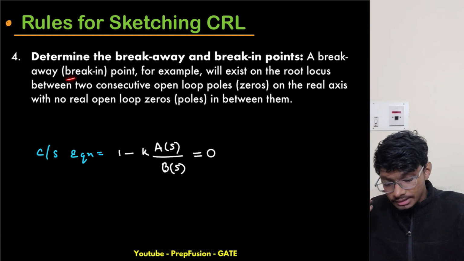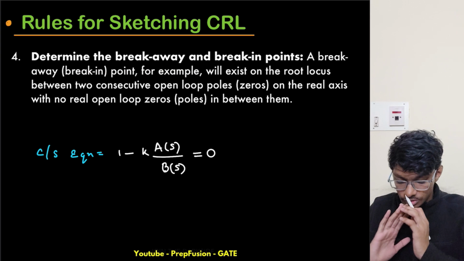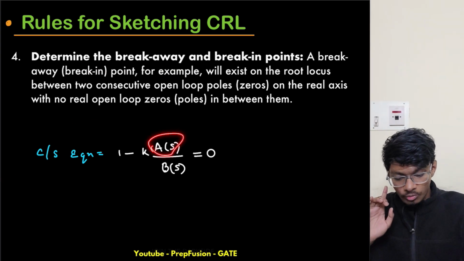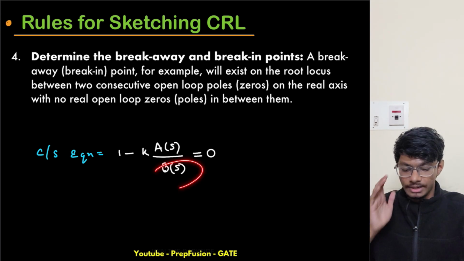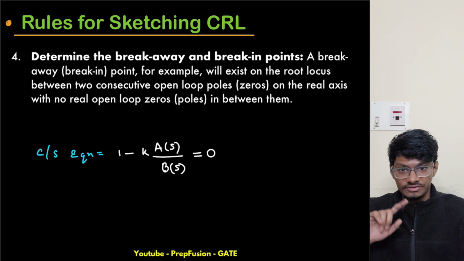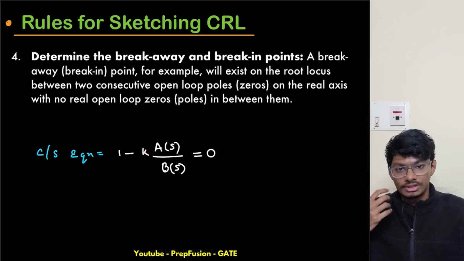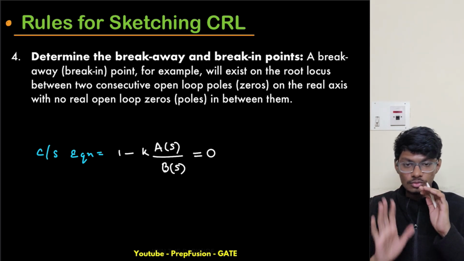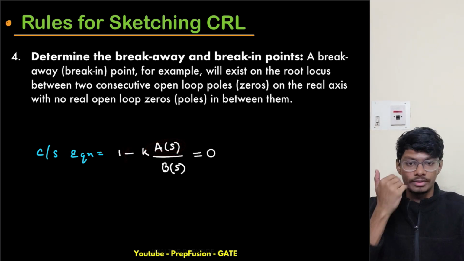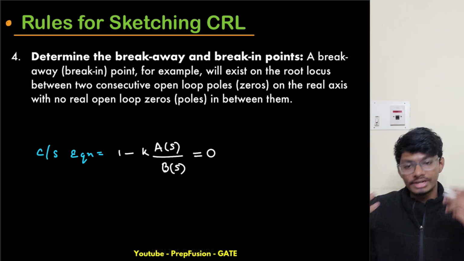Now what about the breakaway and breaking point? The thing to keep in mind is that my characteristic equation has changed, but the polynomial A of s upon B of s, for positive and negative feedback, hasn't changed. What changes is that A of s becomes minus A of s. But why won't it make a difference?